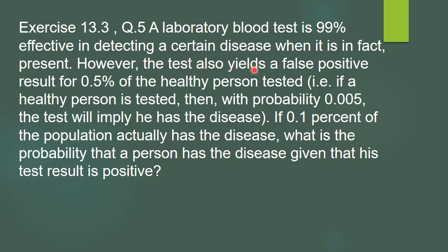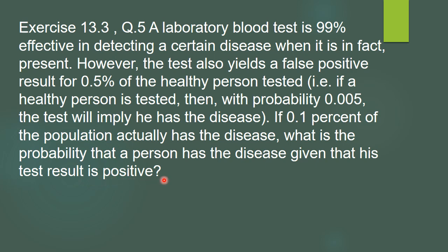However, the test also yields a false positive result for 0.5% of healthy persons. Though the person is healthy, he is tested as positive with that probability. If 0.1% of the population actually has the disease, what is the probability that the person has the disease, given that the test results in positive?